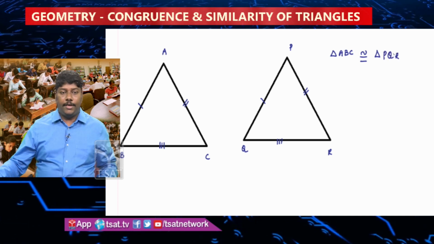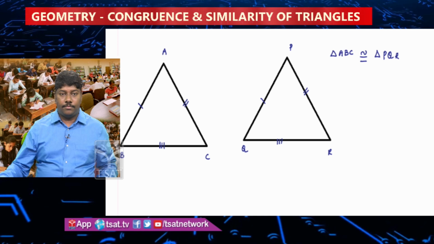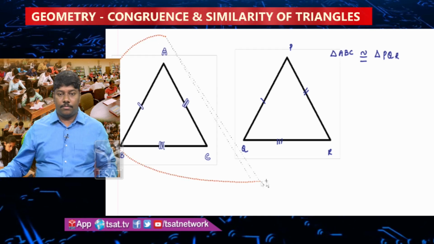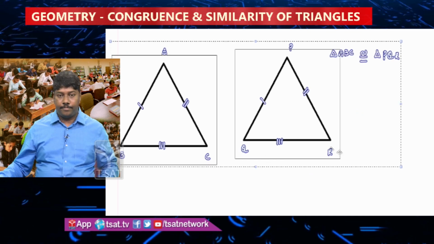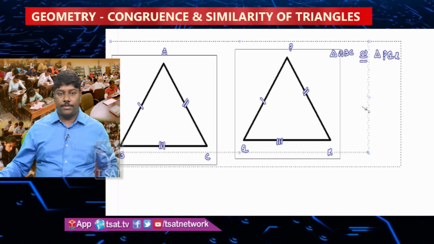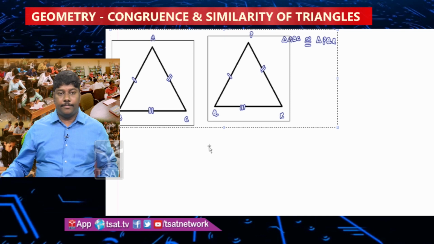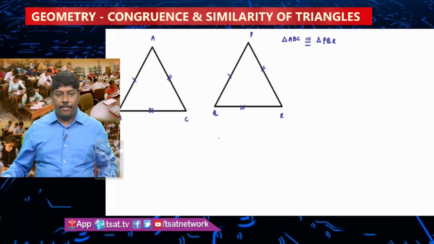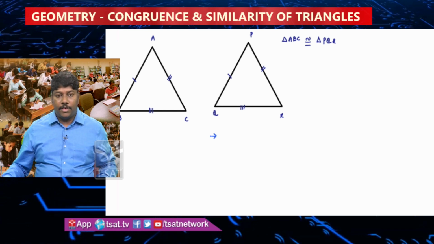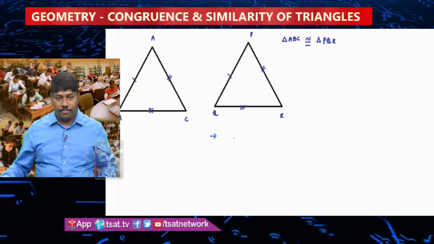What do you know if they are congruent? Suppose they are congruent. What do we know from this? Remember that if they are congruent, their sides are equal.